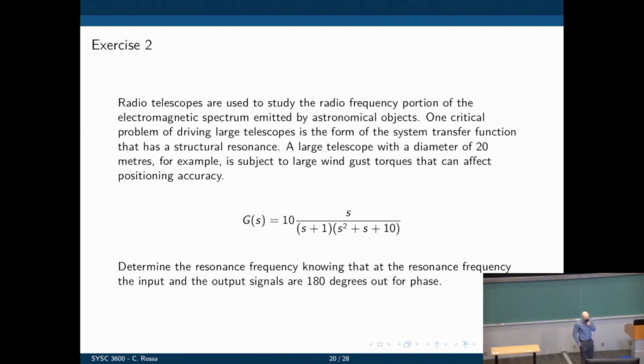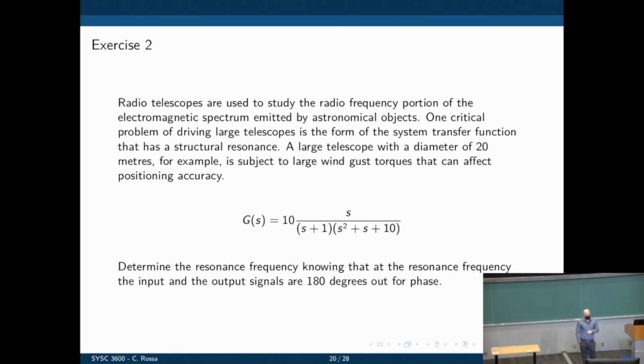Right? So this is the same problem in radio telescopes. If the wind gust creates vibrations exactly at the same frequency, then it's very hard to maintain the position of the telescope, because it is going to vibrate at a relatively high magnitude.